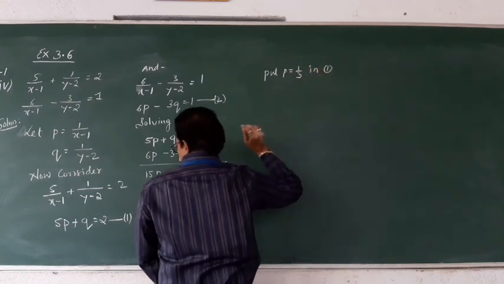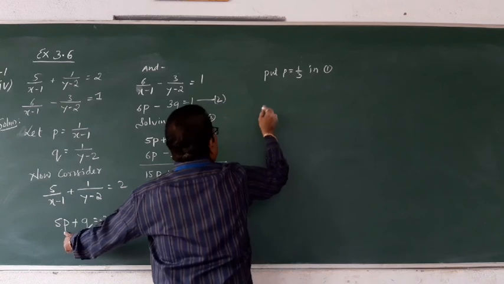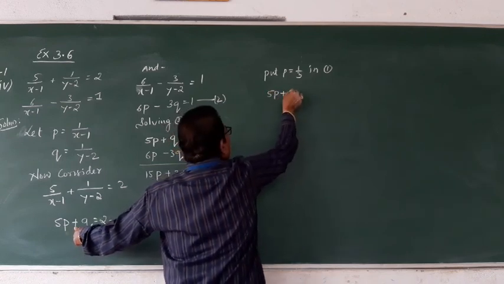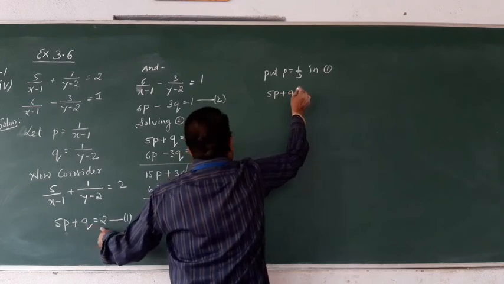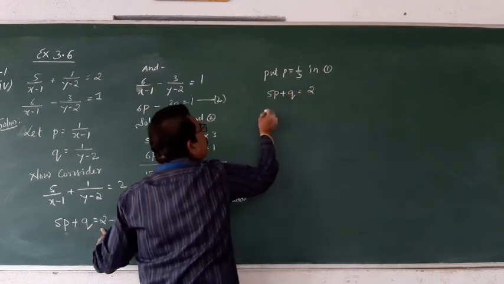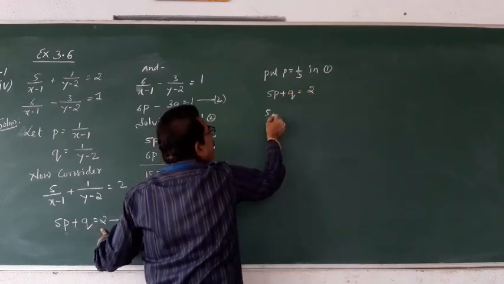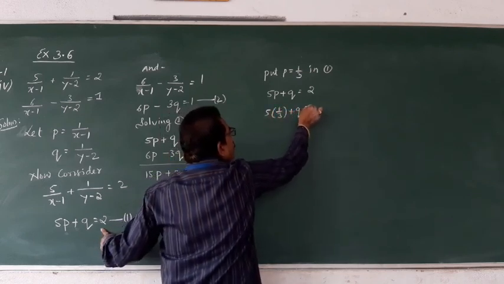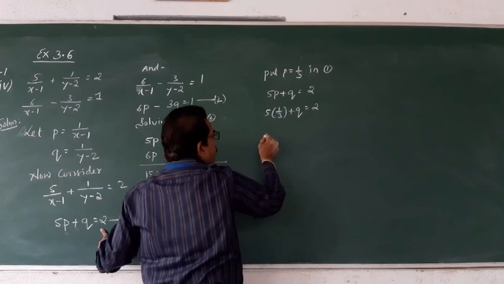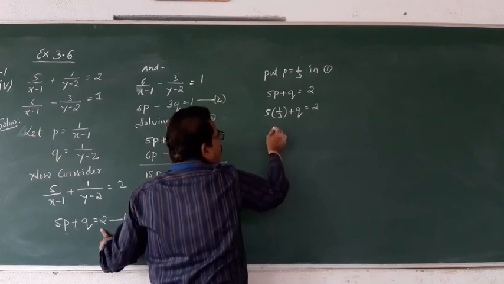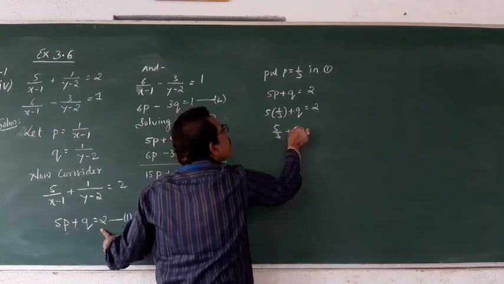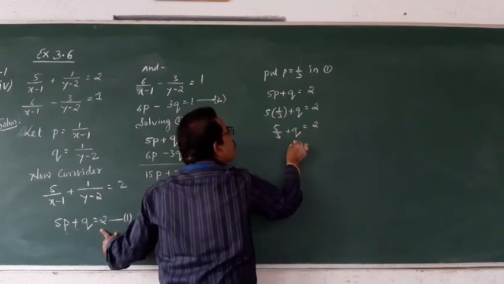In 1, 5p plus q equals to 2. 5 times 1 by 3 plus q equals to 2. So 5 by 3 plus q equals to 2.